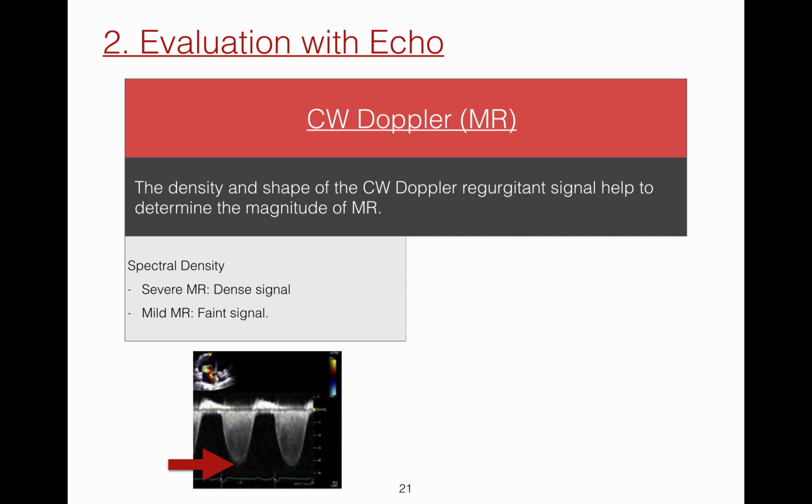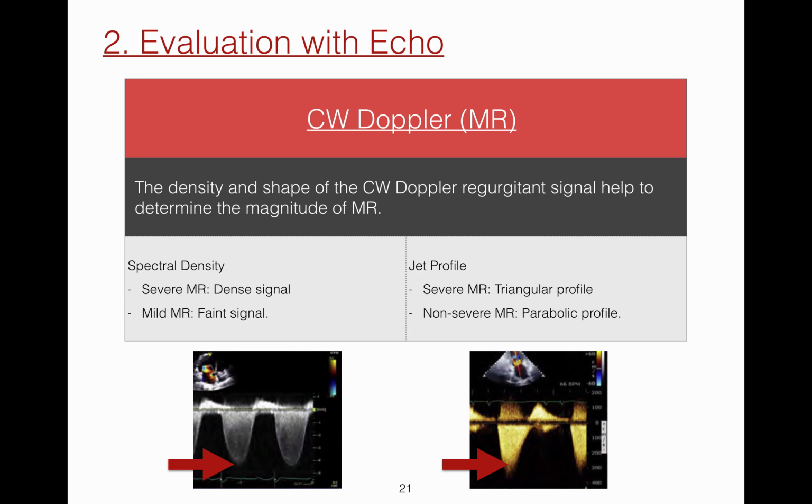With severe mitral regurgitation, the regurgitant signal is dense, almost or as equally dense as the forward flow signal. Secondly, the regurgitant signal profile. With severe mitral regurgitation, the signal is triangular in shape. A more parabolic profile indicates that the mitral regurgitation is not severe.